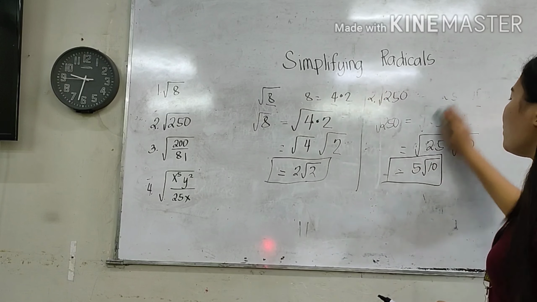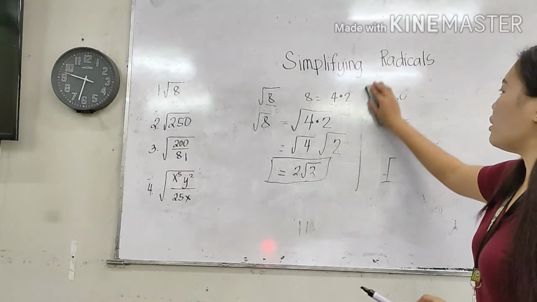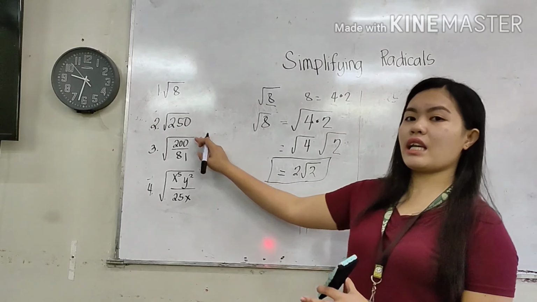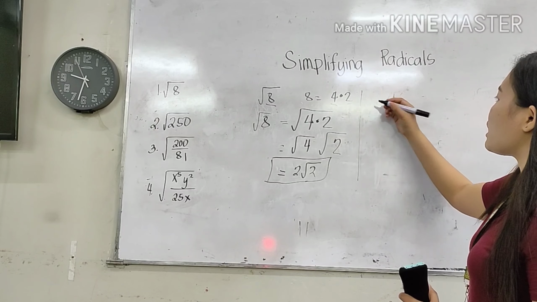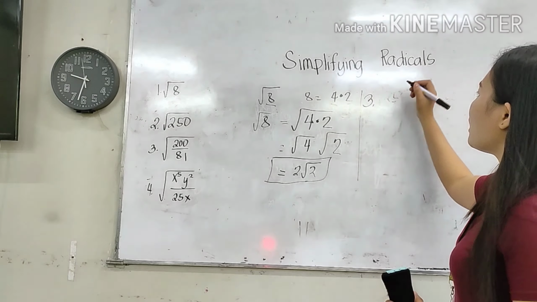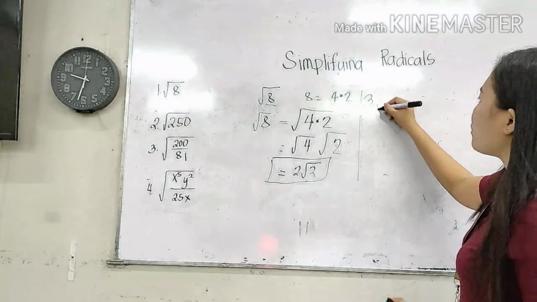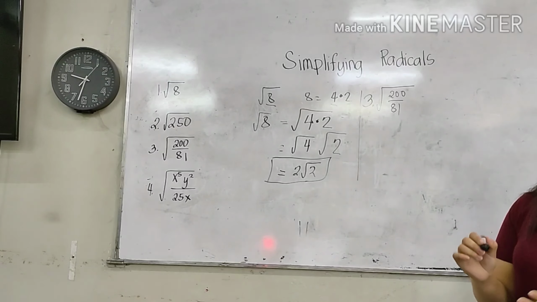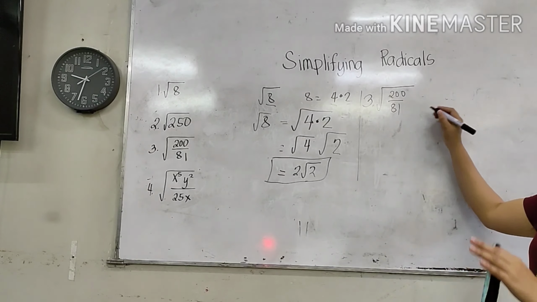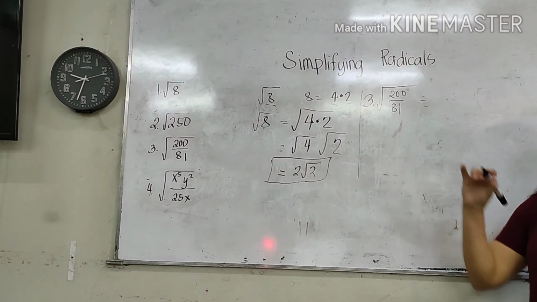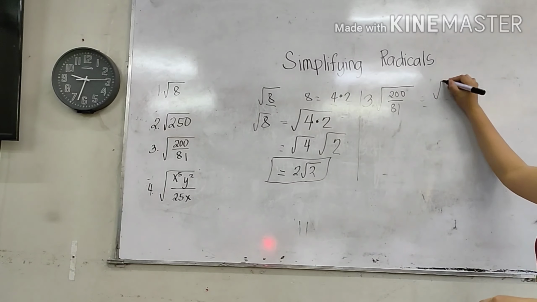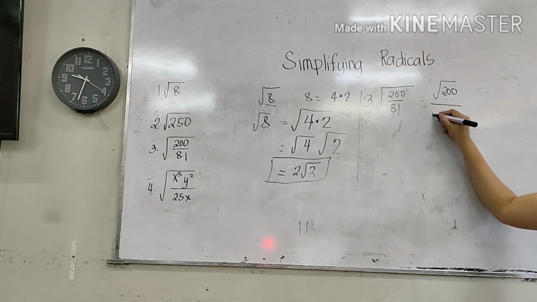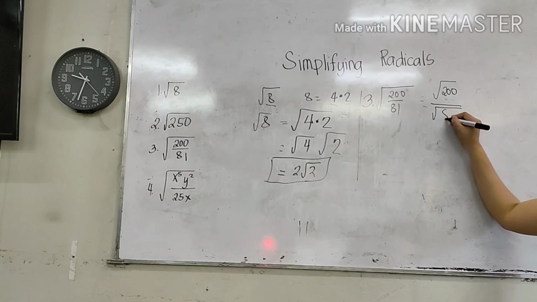So let's move on to another example. For example number 3, as you can see, our radicand is a fraction. The square root of 200 over 81. To get the square root of the fraction, you have to get the square root of the numerator, which is 200, over the square root of the denominator, which is 81.